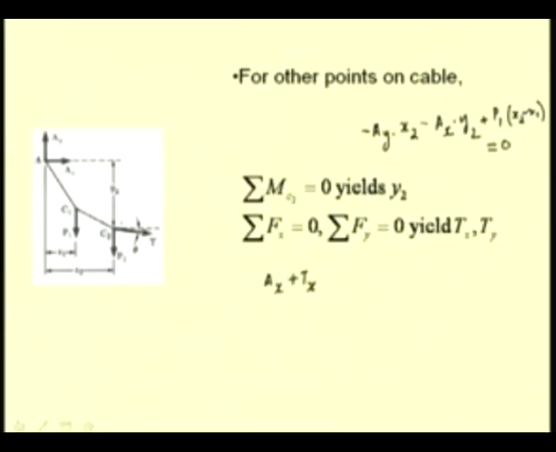We have only these two forces equal to 0, and for this equation, that is sigma Fy equal to 0, we have Ay minus P1 minus P2 minus T sin theta equal to 0.